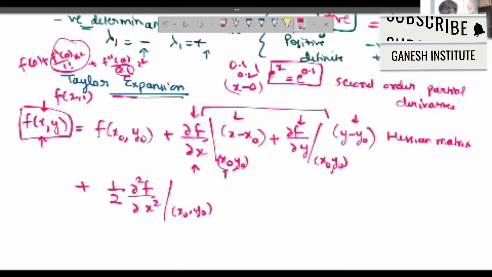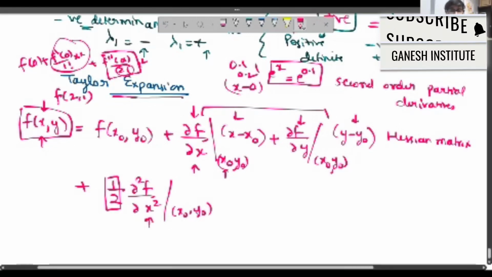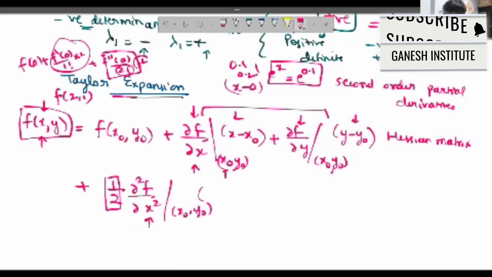Okay. In the second order, in the general form, we have 2 factorial in denominator, right? So that means 2. For second order, I'm having 1 by 2, okay? So first up, with respect to x, and then you know that the value here is x square.